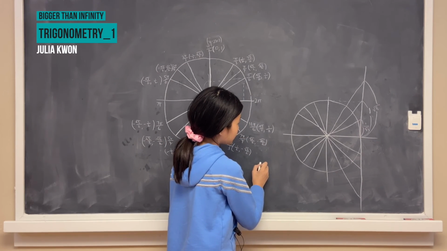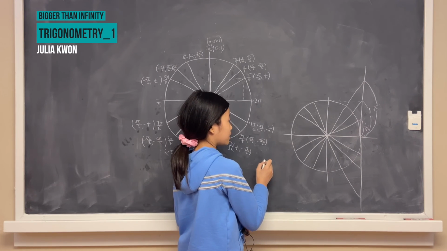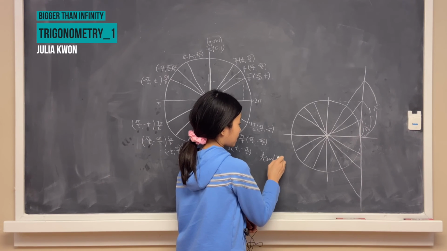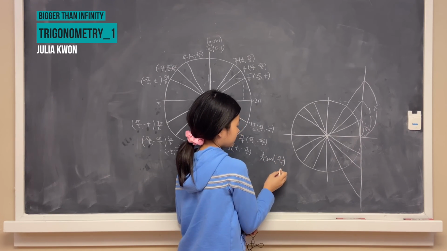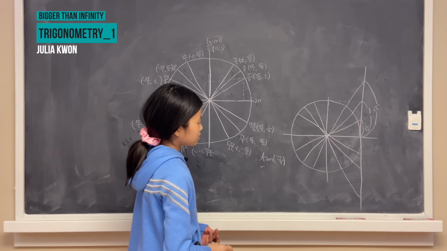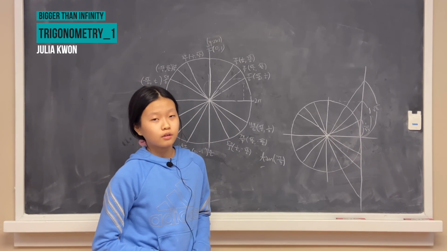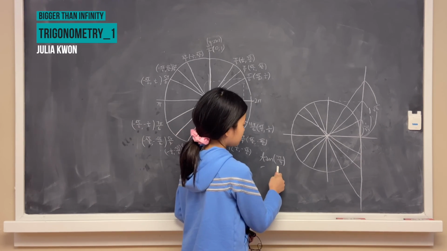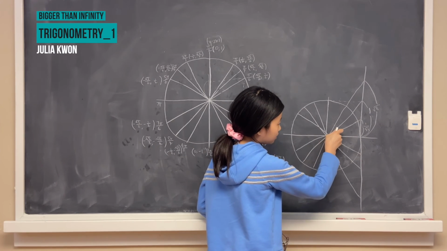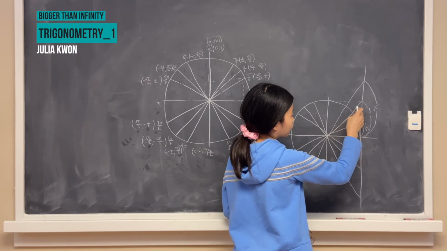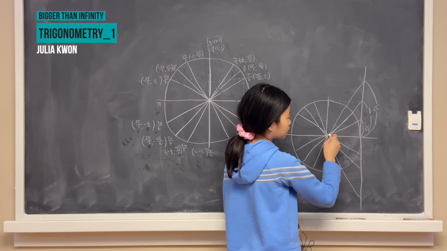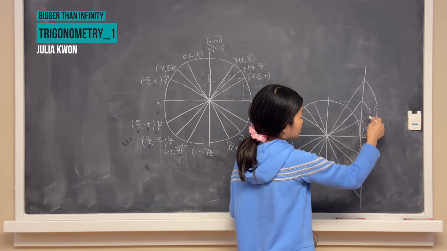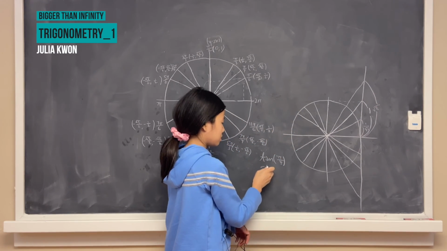So if we were to try to find the value of tangent pi over 4, then instead of doing sine pi over 4 divided by cosine pi over 4, we can just make a line, follow the line of pi over 4. This is the line of pi over 4, and then we immediately know that it's 1. So this is equal to 1.